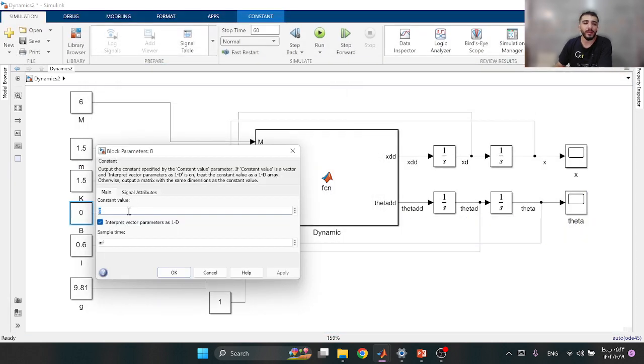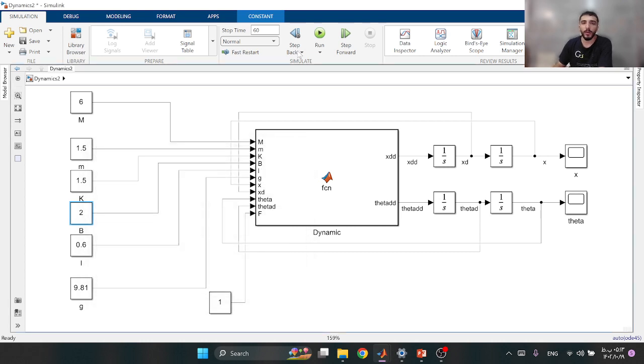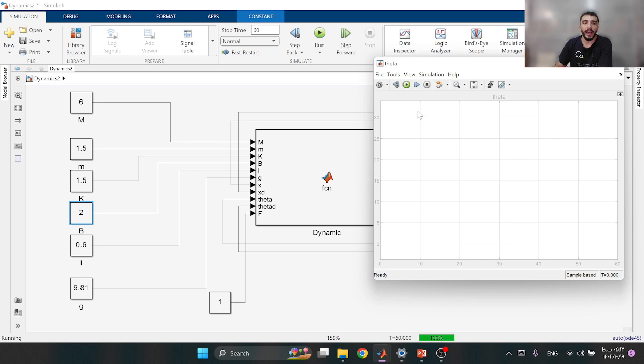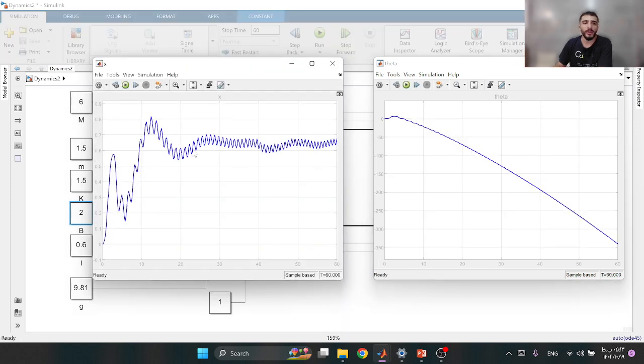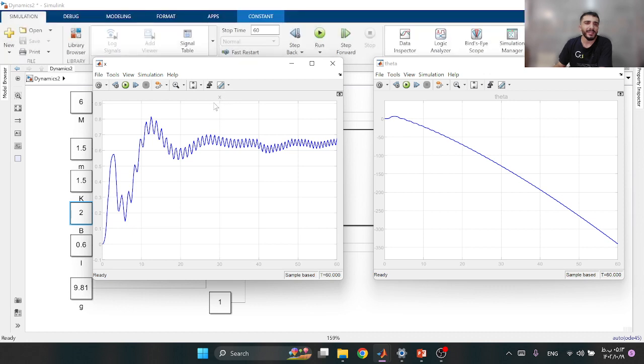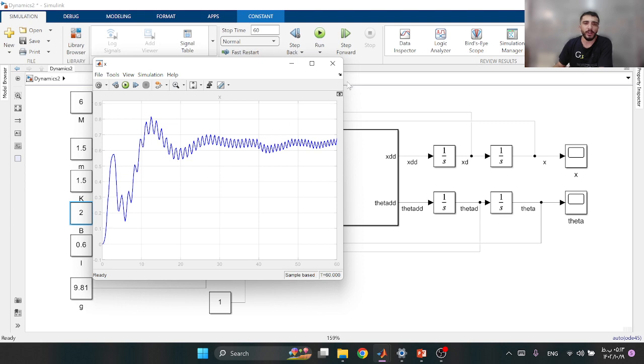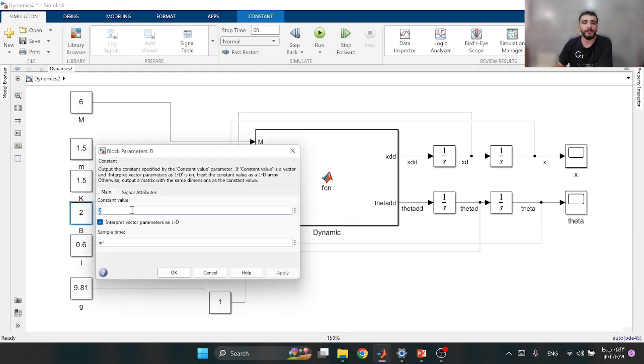And if we add some friction coefficient, for example 2 here, we will have our system like these two. We can see that x is stabilizing around 0.6, but theta is increasing very much.